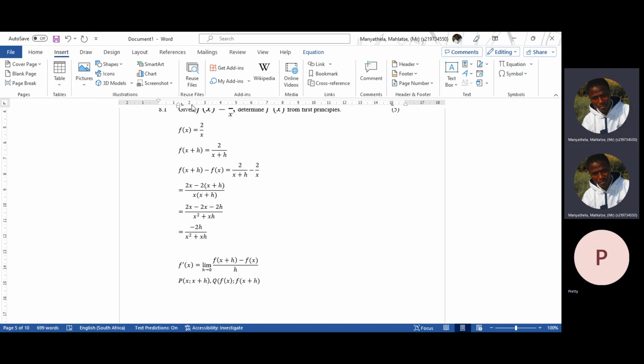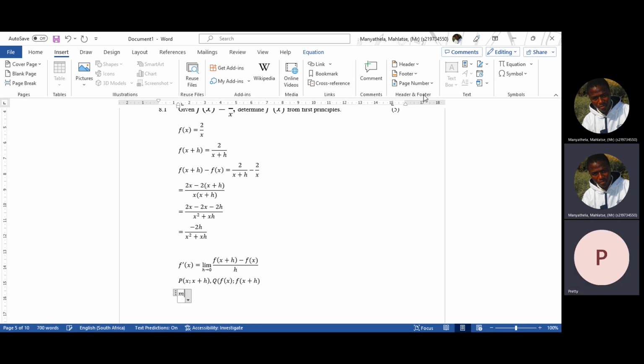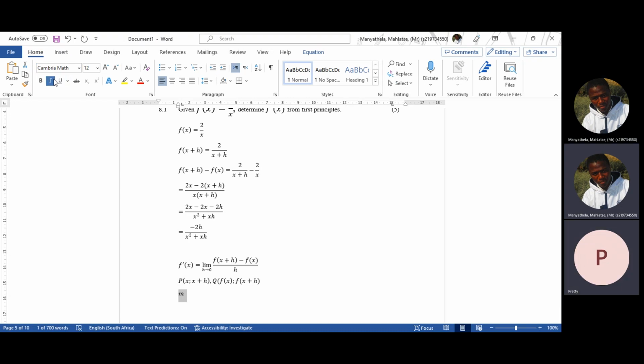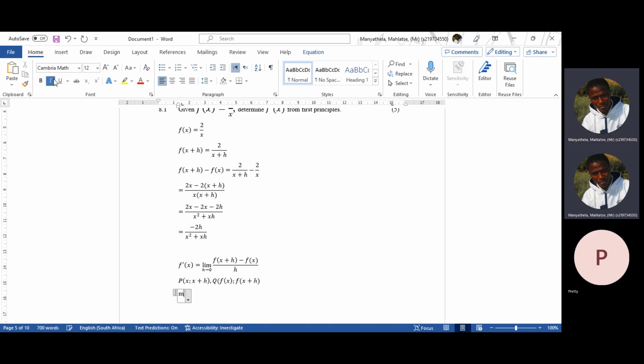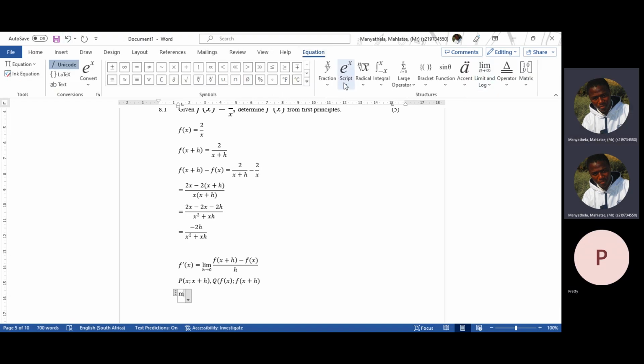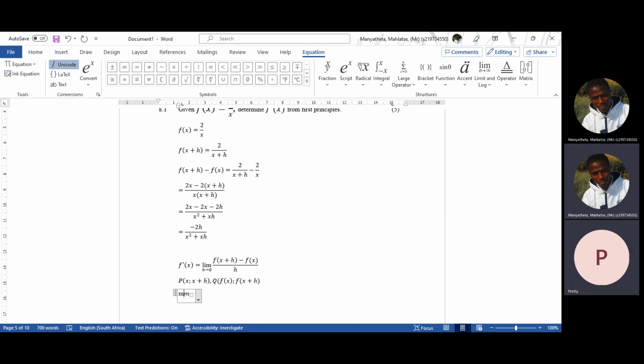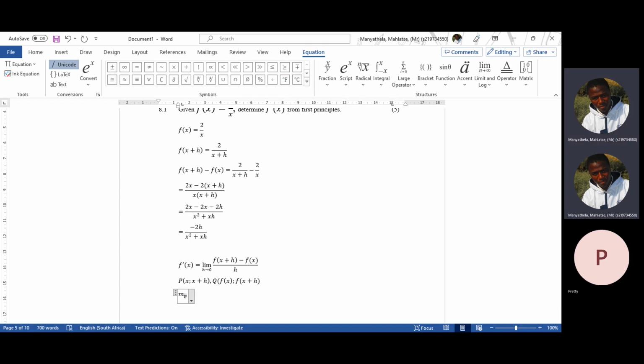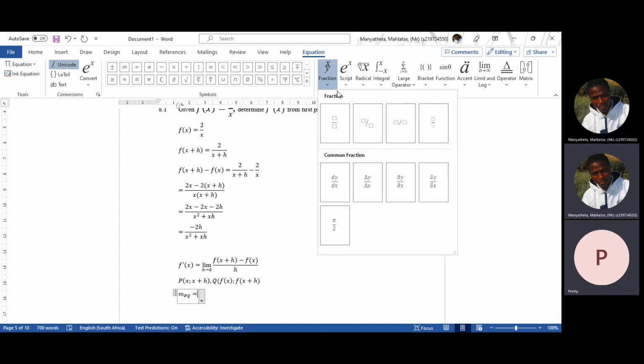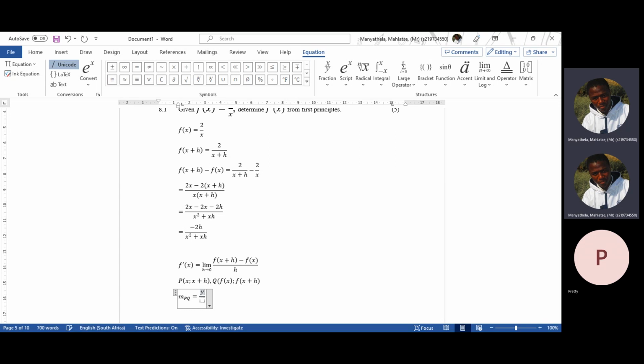The gradient of PQ is equal to y2 subtract y1 over x2 subtract x1. This is the formula to calculate the gradient.